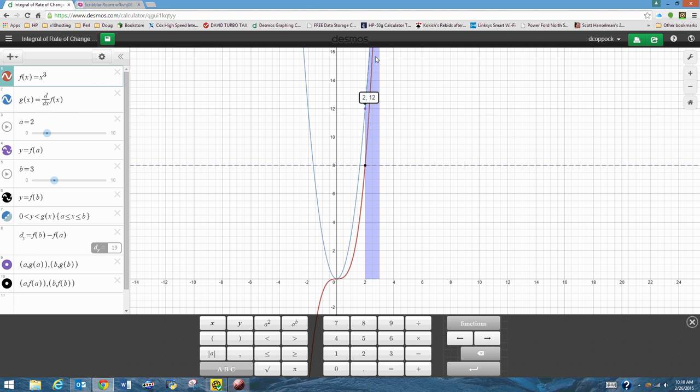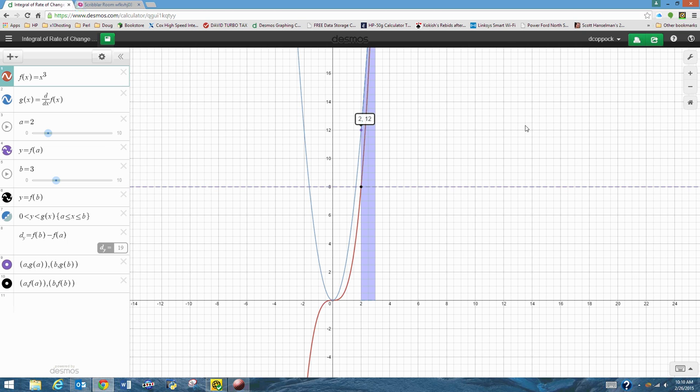But now the area under the rate of change function, we cannot compute exactly like we did with the rectangle and the trapezoid, because one of the boundaries is the side of a parabola. But this still gives you the basic idea that that area, let's see, goes all the way up to 27.